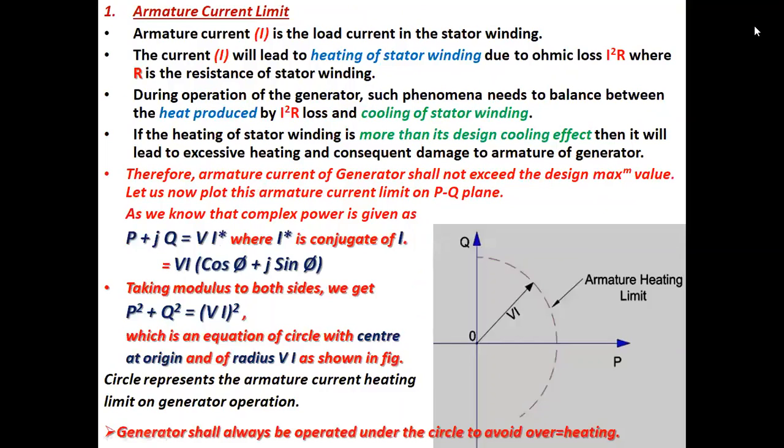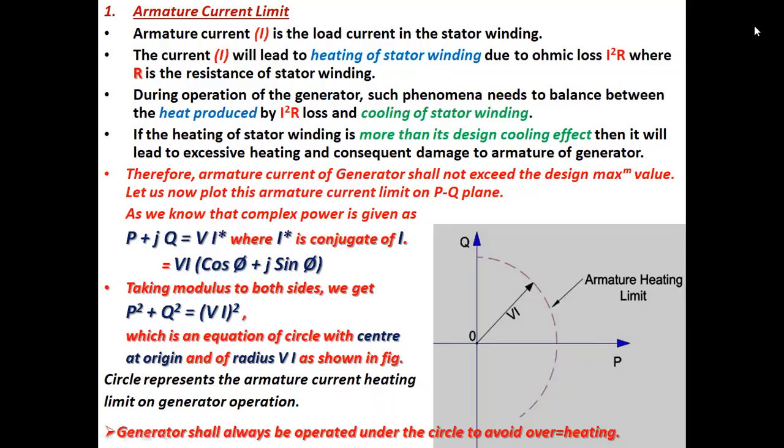Armature current, I, is the load current in the stator winding. The current will lead to heating of stator winding due to ohmic loss, that is I square R, where R is the resistance of the stator winding. During operation of the generator, such phenomena needs to balance between the heat produced by I square R loss and cooling of the stator winding.